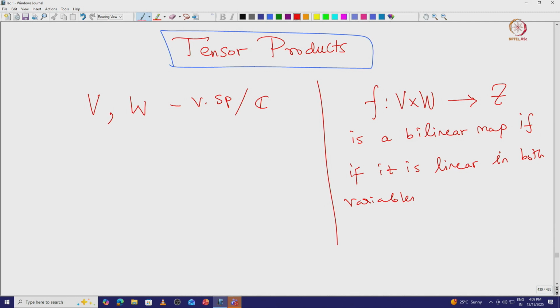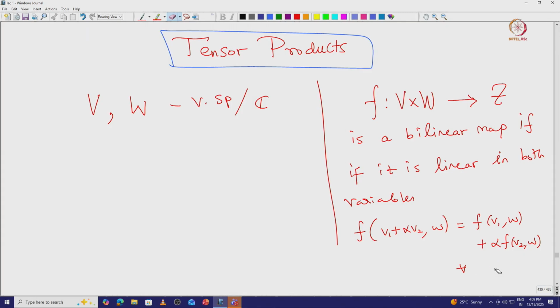For example, in the first variable, if I take F of v1 plus alpha v2, w, then we get exactly F of v1, w plus alpha F of v2, w.